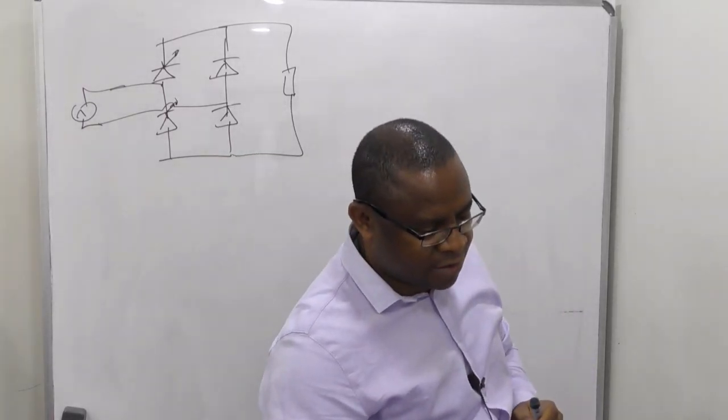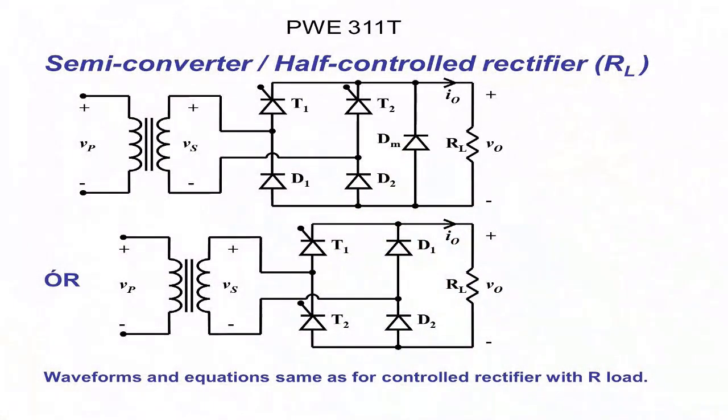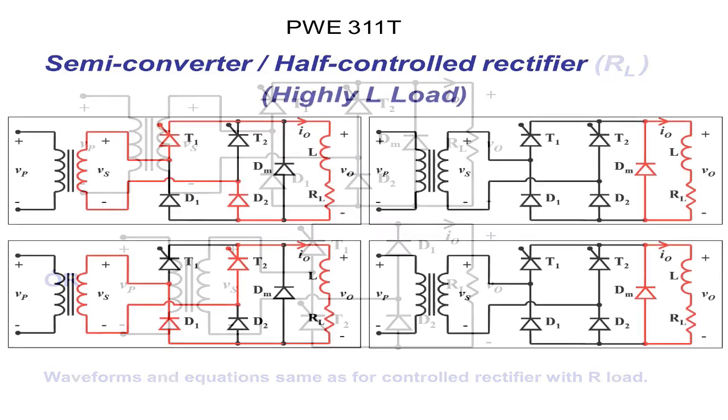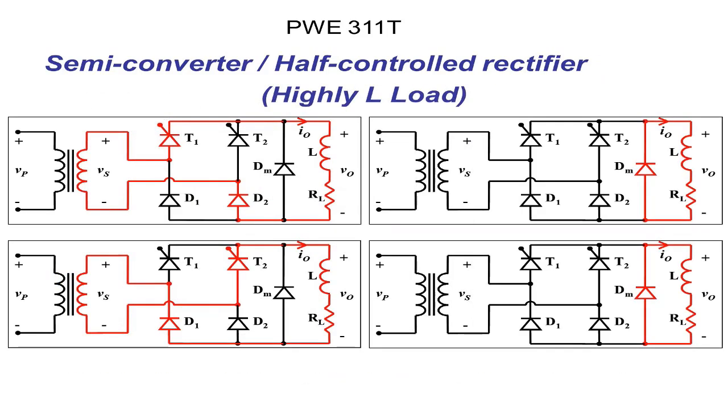All right, so you should know how to sketch that. So we have a semi-converter. The waveforms and equations are the same as for the controlled rectifier with a load. Now, this is a semi-converter.